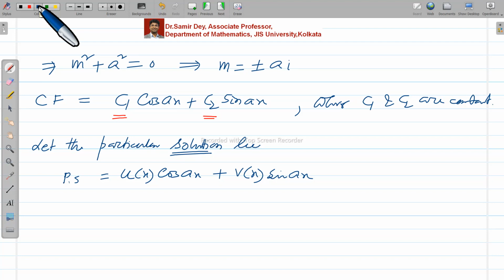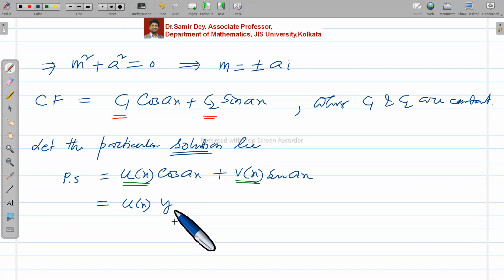Now our target is to find the values of u and v. These are the two unknowns. After getting them, you substitute here, and that will be the particular integral or particular solution of this problem.